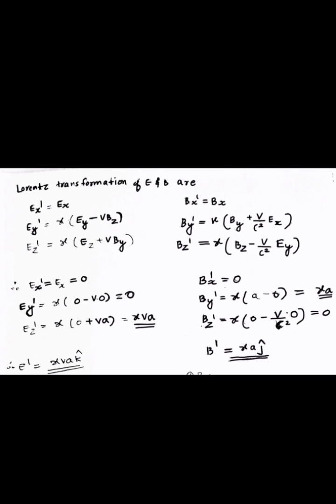So here we get Ex dash is equal to 0, Ey dash is equal to gamma into 0 minus V Bz, this is 0, and Ez dash is equal to gamma into 0 plus V A, this is equal to gamma V A. And we know that Bx dash is equal to 0, By dash is equal to gamma into A minus 0, this is equal to gamma A, Bz dash is equal to gamma into 0 minus V by C square into 0, that is equal to 0, that is B dash is equal to gamma A j cap. So this is the answer, that is E dash is equal to gamma V A k cap and B dash is equal to gamma A j cap.